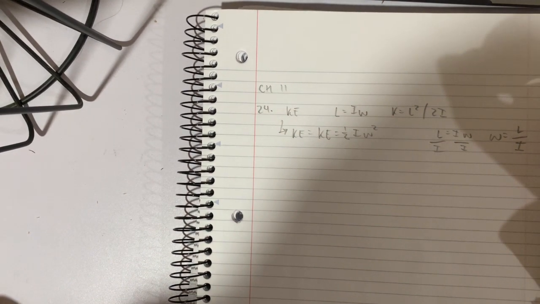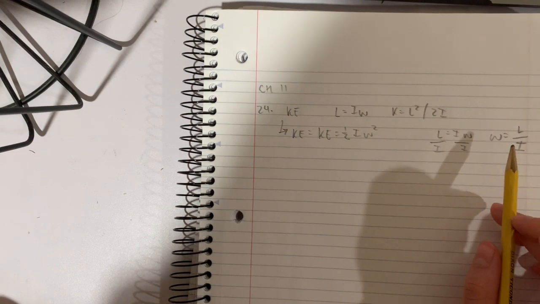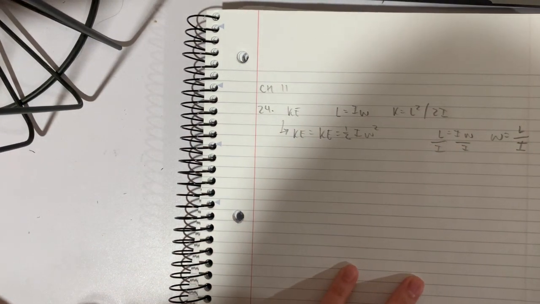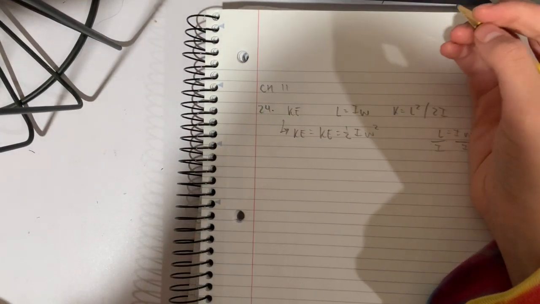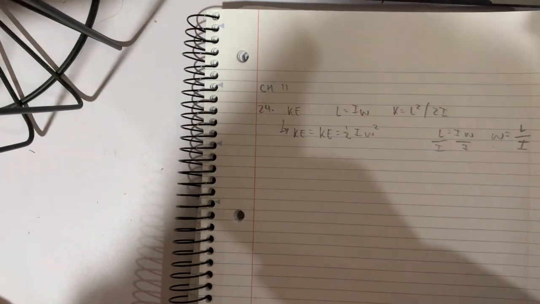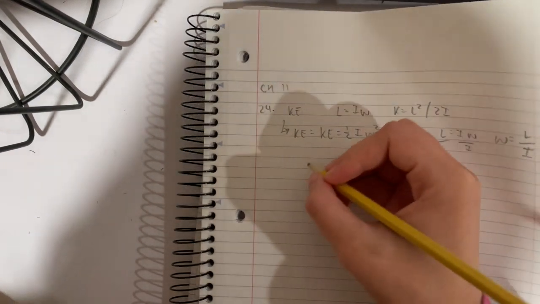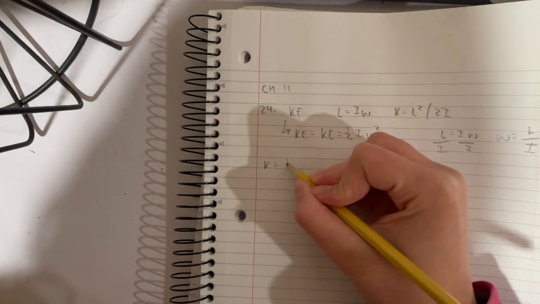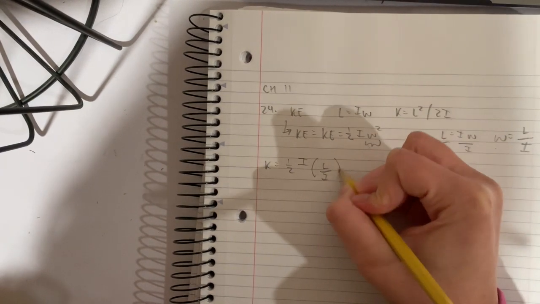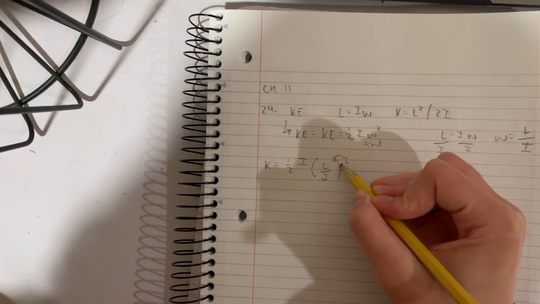So I want to plug in omega here. So we have K equals 1/2 I, and plug in L over I squared, and so I can also just distribute the squared.